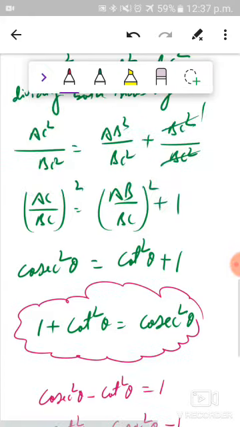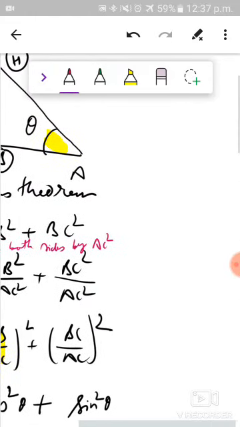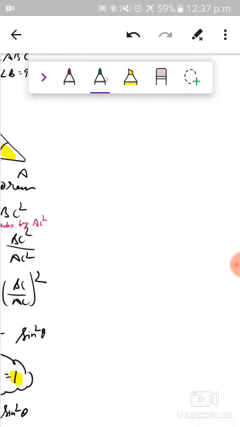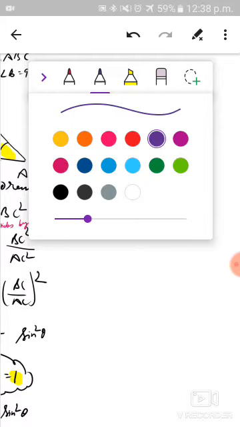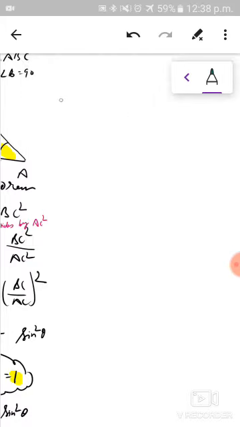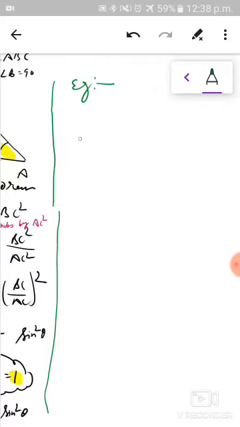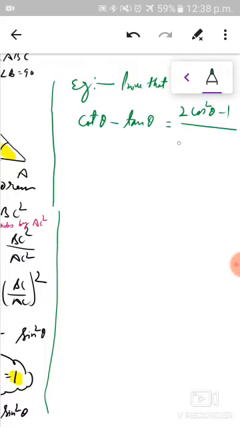So let me take one example here. The question is: prove that cot theta minus tan theta is equal to (2 cos square theta minus 1) by (sin theta multiply cos theta).